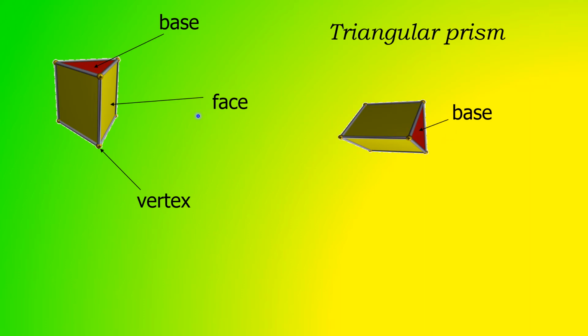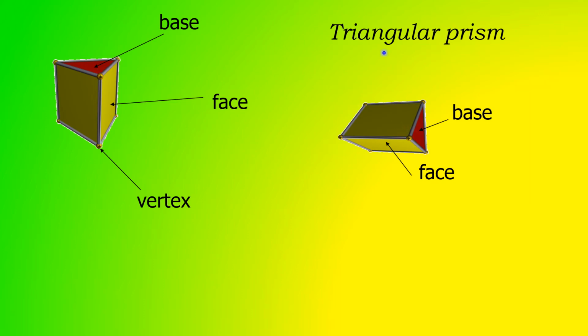So identify the difference between these two. Here this prism has a seat on the triangular surface, so its base is the triangular surface only.